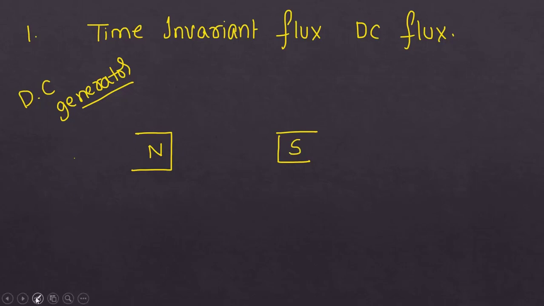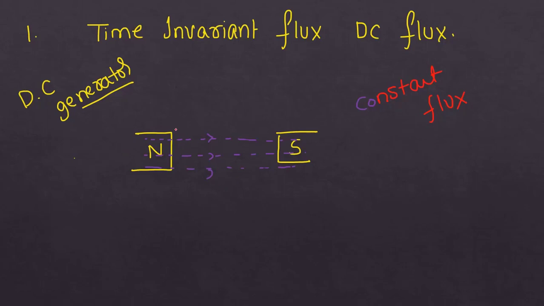Now we know the flux will originate from the north pole and enter into the south pole. It's a constant flux, a time invariant flux. Every magnet will have some rating of flux. Now it's a constant flux.